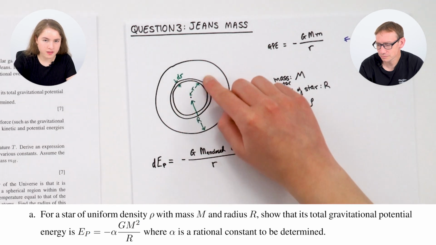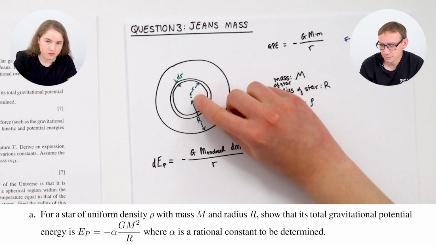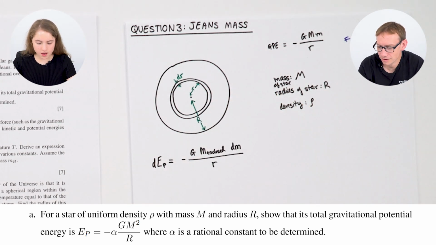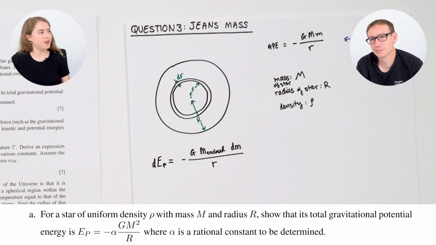In the same way, the mass enclosed by this shell has the same gravitational effect on that thin shell as it would if all of that mass were compactified into the center of the star. If you think about it, it makes sense intuitively. There are also mathematical ways to prove this, but most importantly, just get an intuitive sense for it.